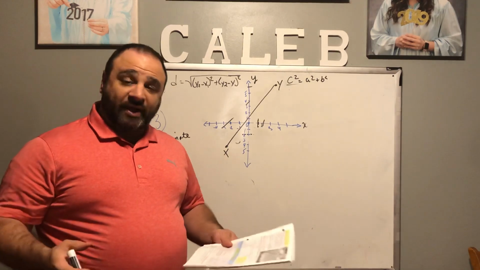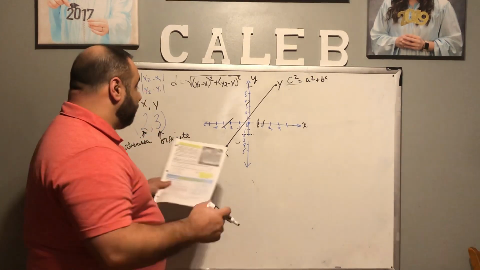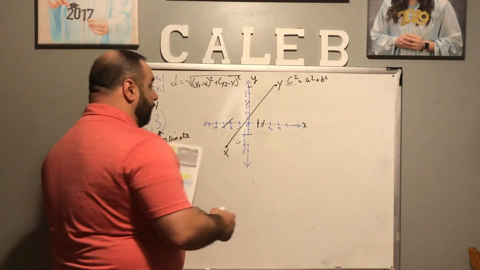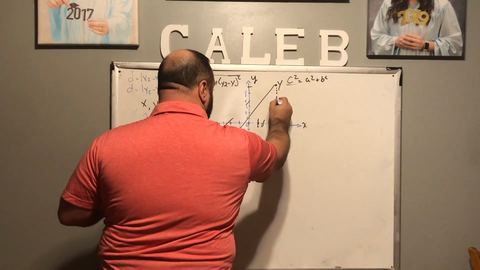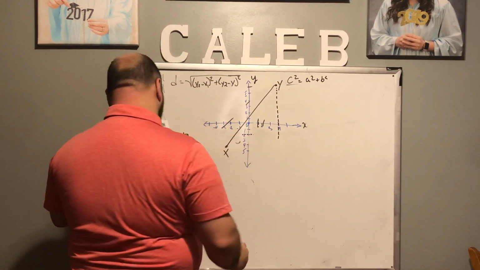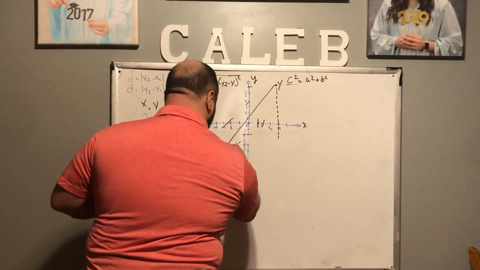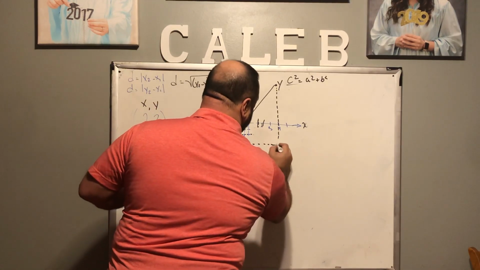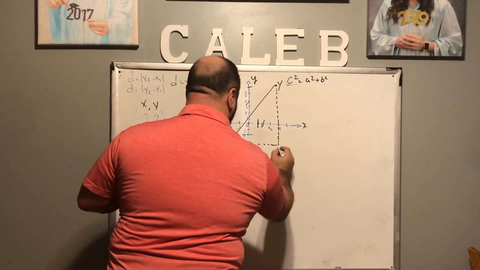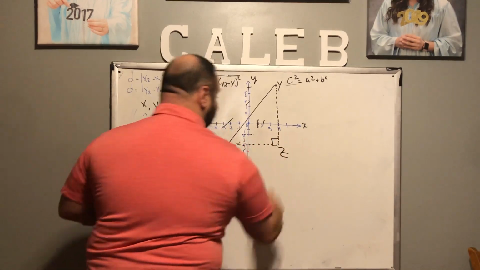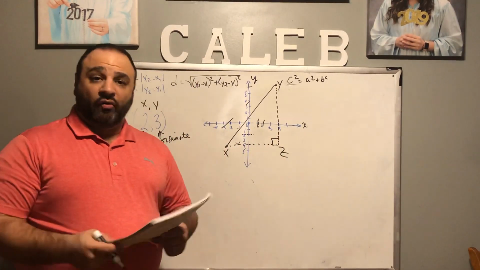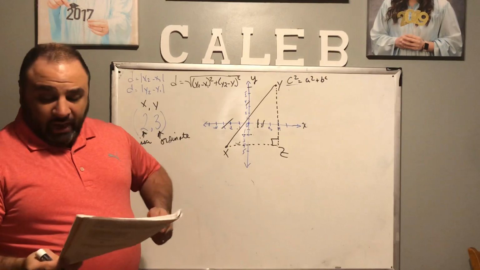We're going to have to use the Pythagorean theorem. In order to do that, we're going to have to create a right angle. So we're going to go right down through here, through there, and then all the way down through here. And we're going to call that Z. There's our right angle there.